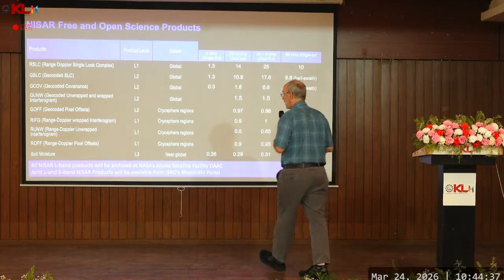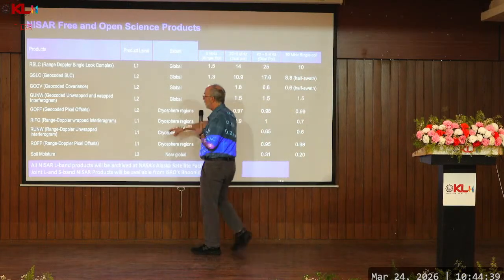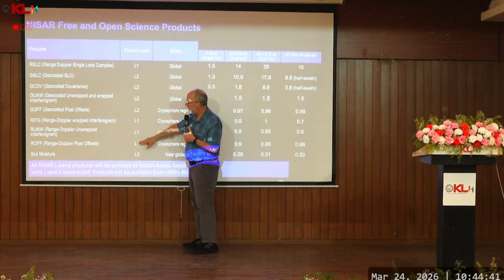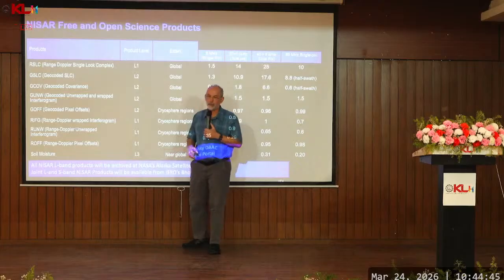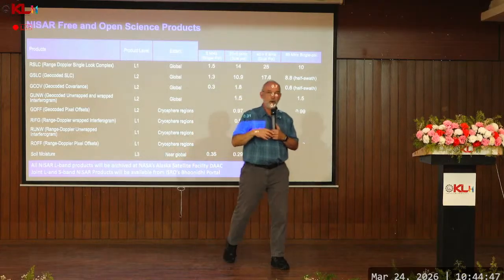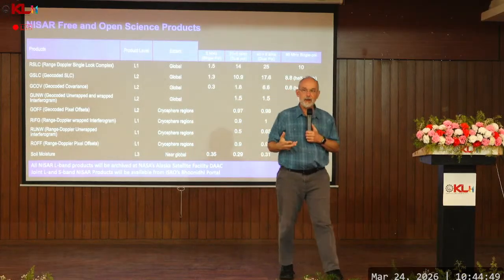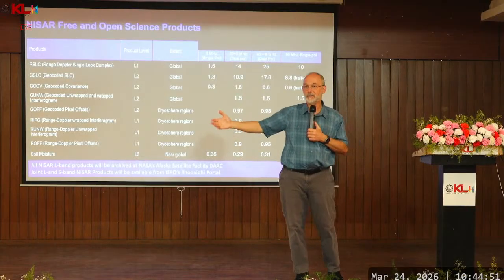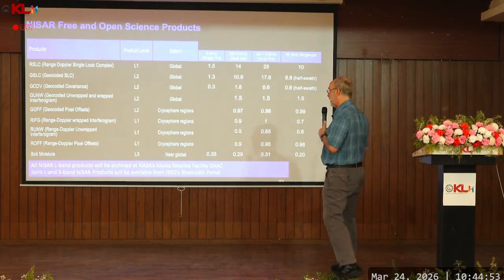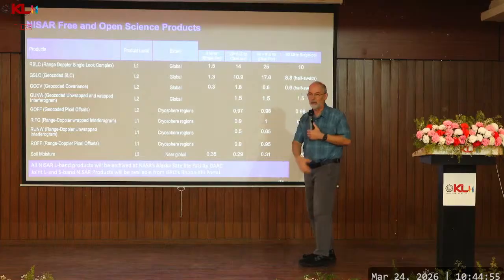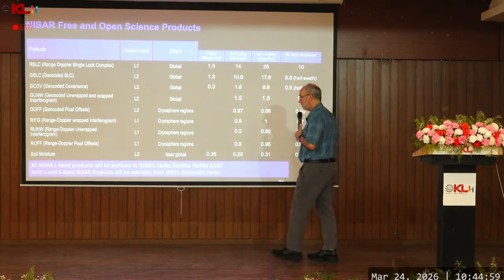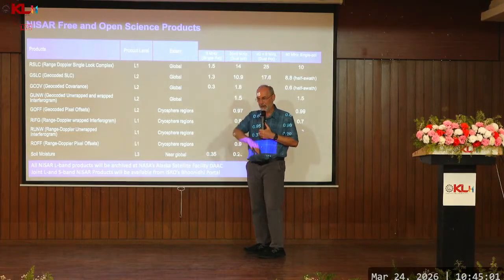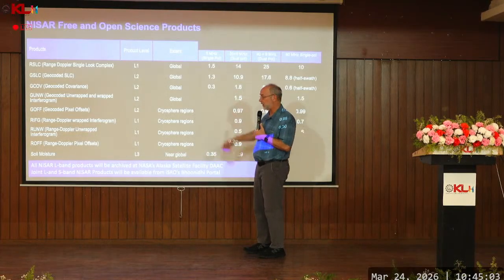I think that both the range Doppler interferograms as well as the geocoded interferograms will be very useful products to look at for understanding change on a 12-day basis. So I imagine many of you will be developing new algorithms, feeding them into your machine learning algorithms, and understanding variability of crops and crop types over time.